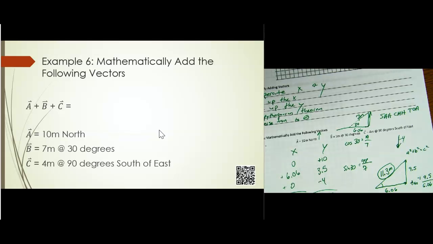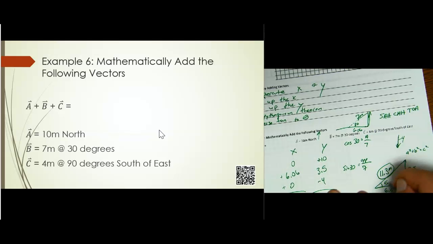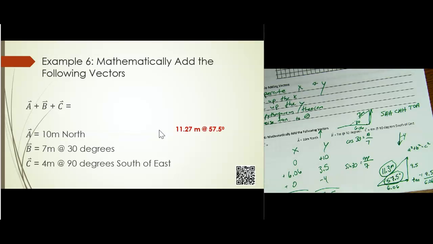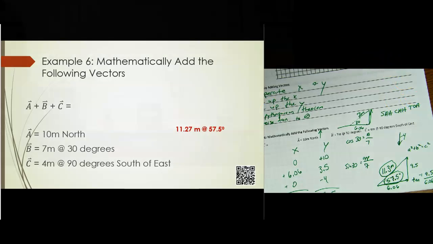The inverse tangent, 9.5 over 6.06. I got a resulting angle of 57.5 degrees. I'd say that's pretty spot on. Okay. And that is as far as we got today.